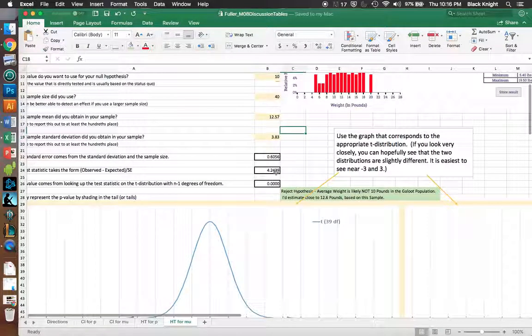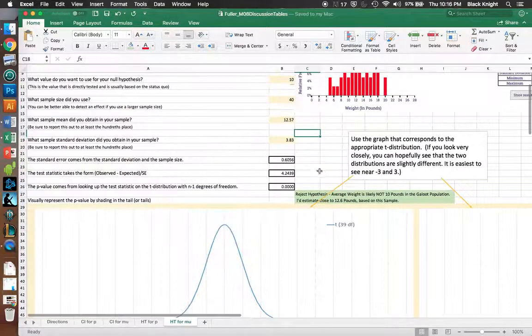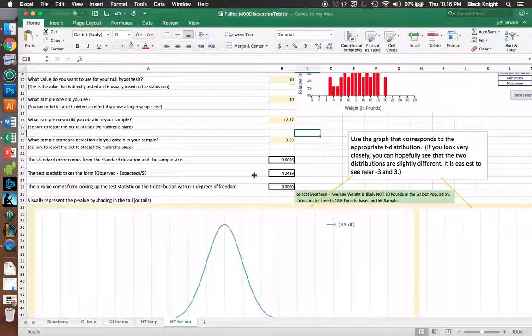Again, we've got a test statistic really well outside of our normal standard deviation that's going to contain most of the population.